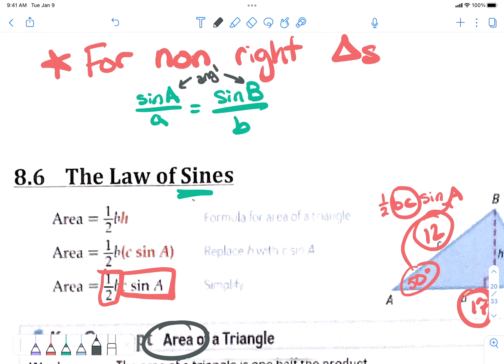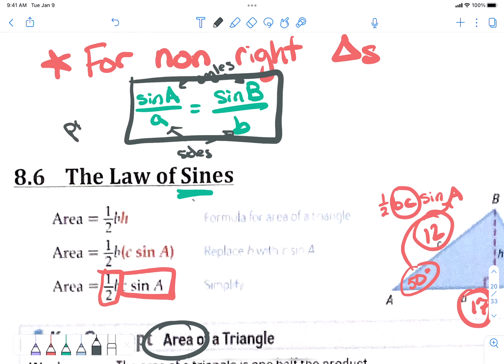Angles. Angles are capital letters, and lowercase letters, a and b, are sides, okay? So I can put the sine of angle A over side a equals sine of angle B over side b. I set this up as a proportion, and then I can cross multiply and divide and do all that good stuff.